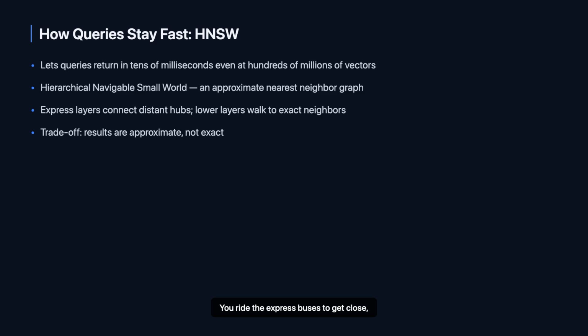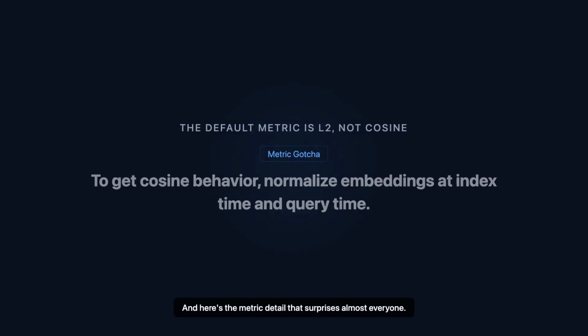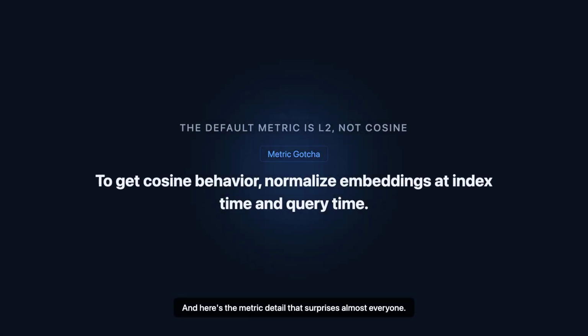You ride the express buses to get close, then switch to local buses to walk in the last few blocks. The trade-off: results are approximate, not exact. You may miss the absolute best match occasionally, but you save enormous amounts of compute compared to a brute force search over all vectors.